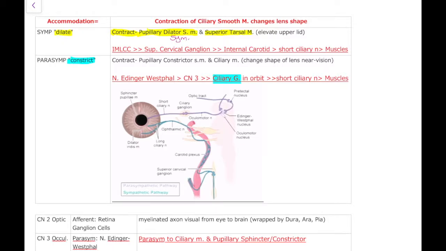So parasympathetic, to constrict the pupil, you will contract the pupillary sphincter muscle, smooth muscle, with the help of the ciliary muscle. And the order of the innervation is, for parasympathetic, the Edinger-Westphal nucleus, which has the cell bodies for CN3, will ride on the oculomotor nerve, synapse on the ciliary ganglion, once again short ciliary nerves to the muscles.